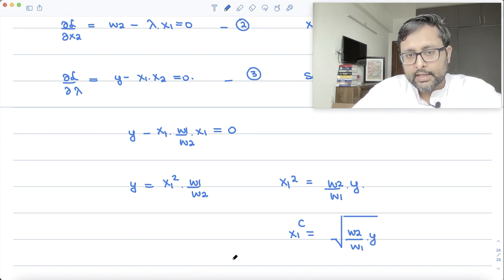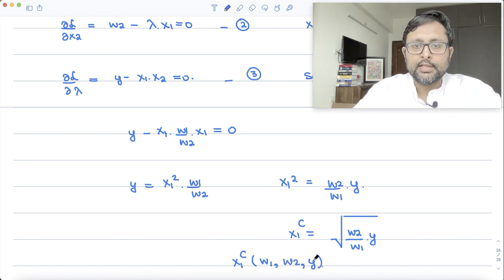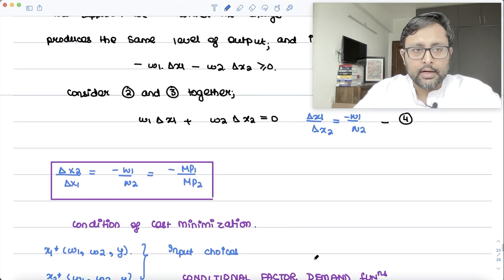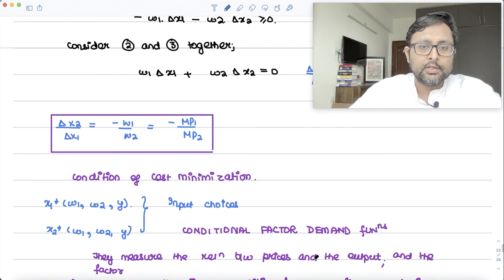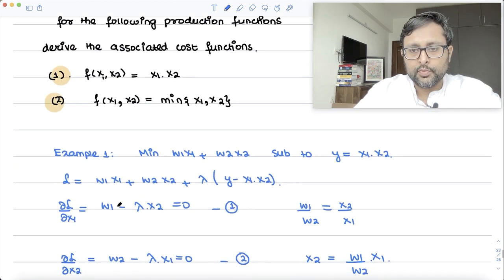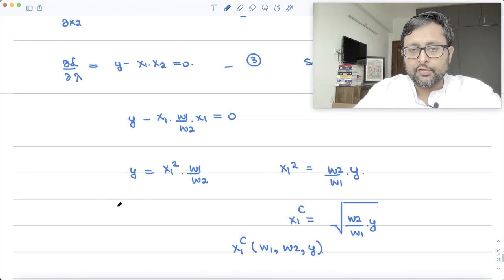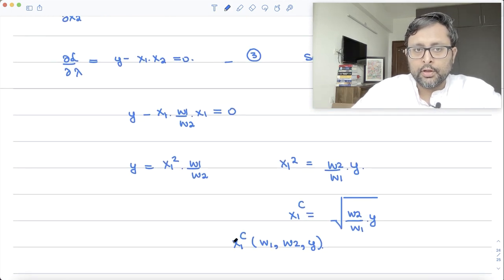So this is the conditional demand for input 1, which is a function of input prices and output. If you link it to the earlier class, this is what you said yesterday, that this has to be a function of input prices and output.